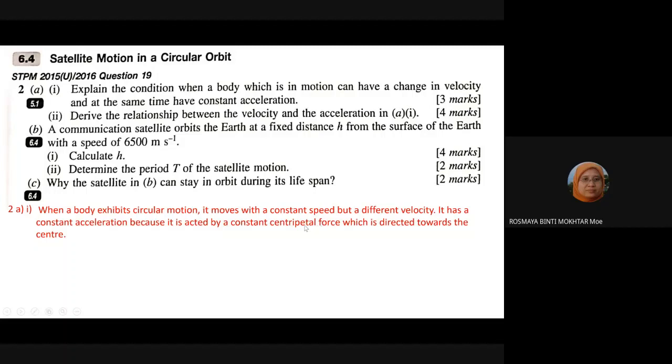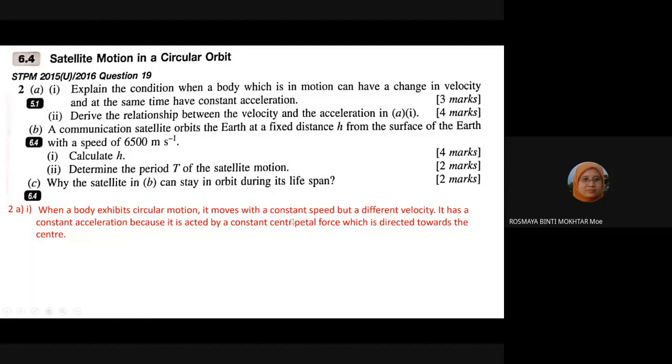For other cases, like an object attached to a string that you move in circular motion, the centripetal force is given by the tension in the string. It can also be supplied by the normal force and mg.